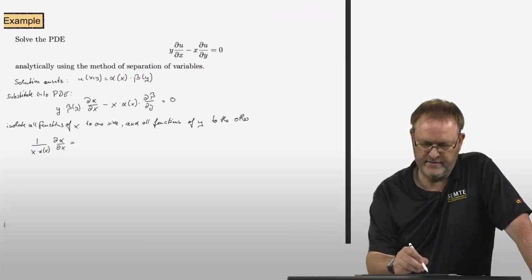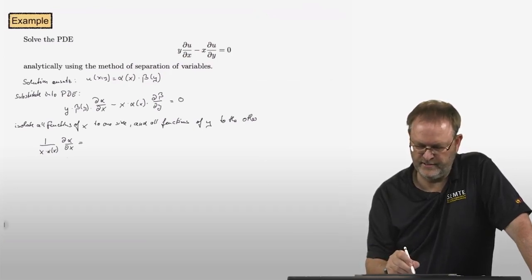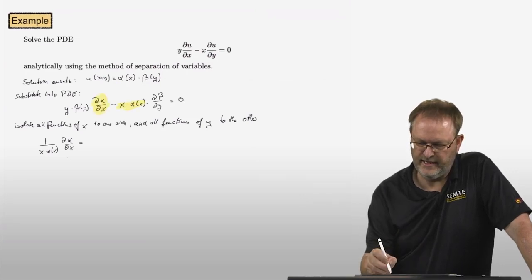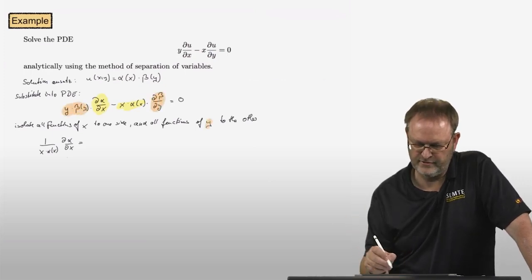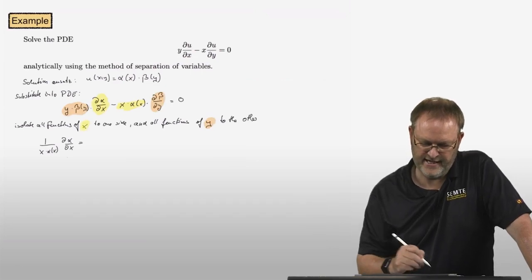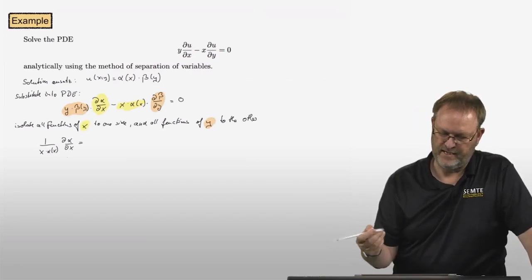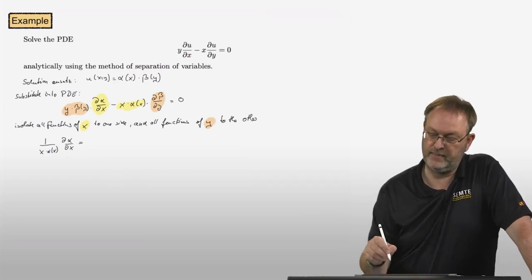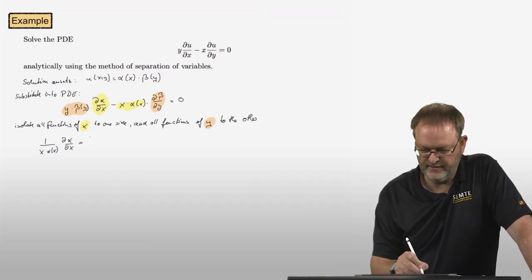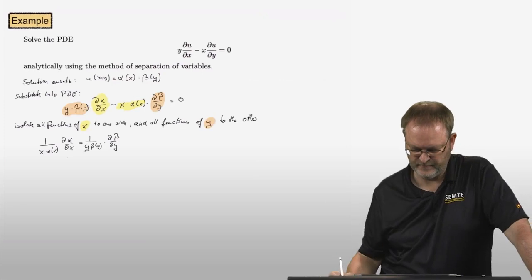That is simply this portion here, it's this guy and this one. And then I have d beta dy, and these are the functions of y. I have to bring them over to the other side, and so there's a minus, this becomes a plus. So 1 divided by y times beta of y times d beta dy.